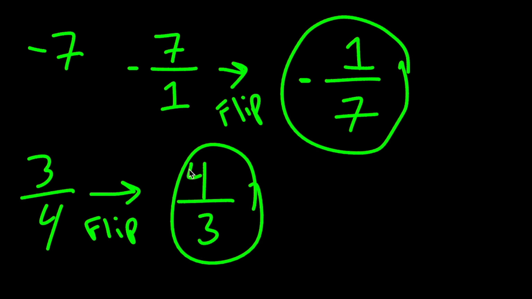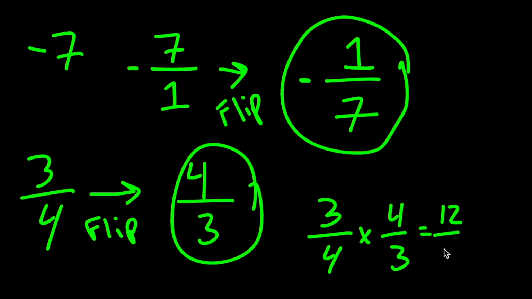Now, if we want to test the numbers and make sure that they equal 1, then it will be 3 over 4 times 4 over 3. It's going to be 12 over 12 and 1.